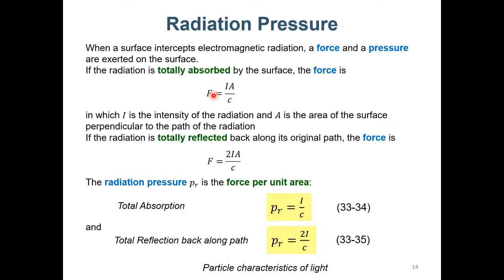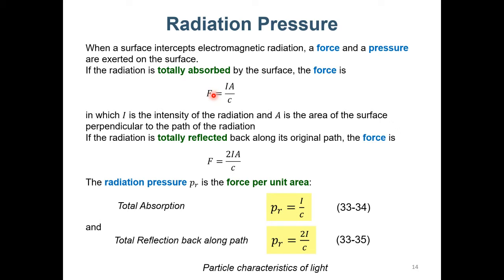If it is totally absorbed, there's nothing going back. So this force is half of it, so it is IA over c. If it is reflected, that means something is going back.